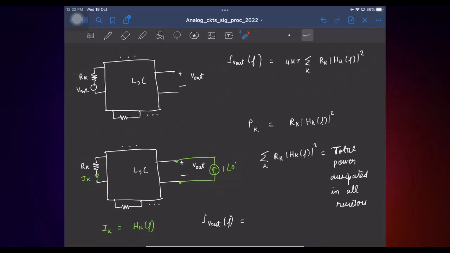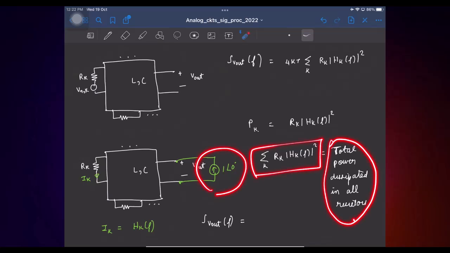What we did was we applied a current, phasor 1, with no noise here, and measured the currents. This gives me the power. So this entire thing is basically the power dissipated in all the resistors if you apply a sinusoidal current with a phasor 1. Okay, is it clear?